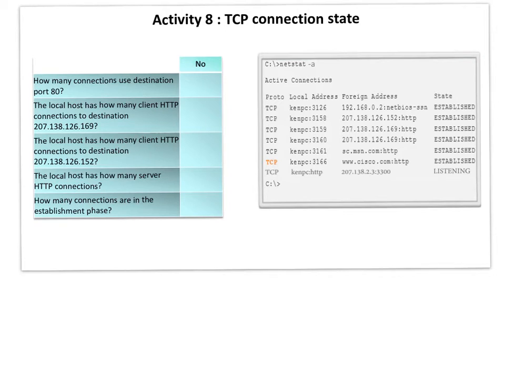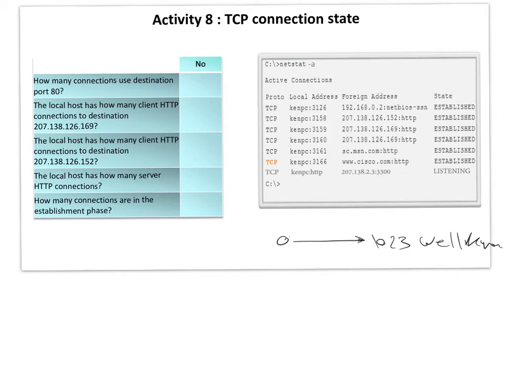There is the category of what we call well-known ports, and these well-known ports are typically used for server services that are common and well-known, like HTTP, which is the most common, FTP, Telnet, IMAP, POP, all these services are well-known services.